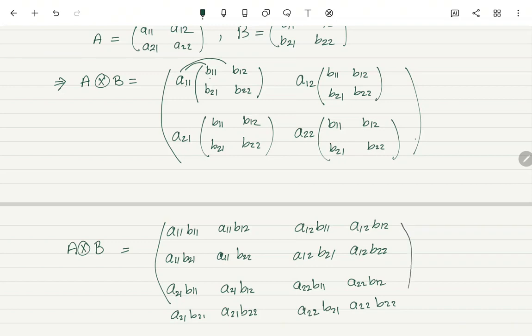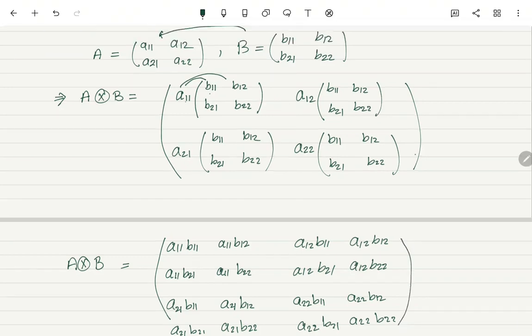Two things we have to pay attention to. Note number 1: A and B don't have to be of the same order, so A could be 2 by 2 and B could be 1 by 2, or any order, to perform the direct product.